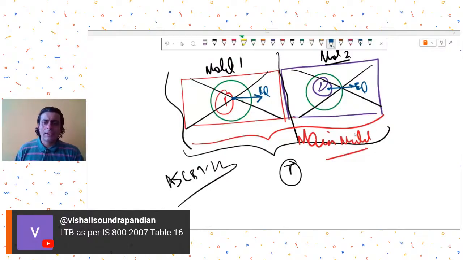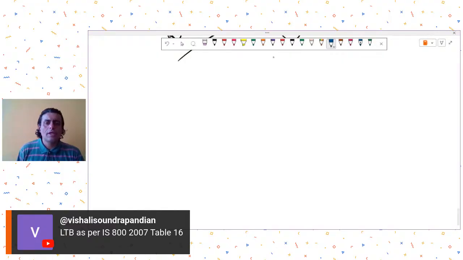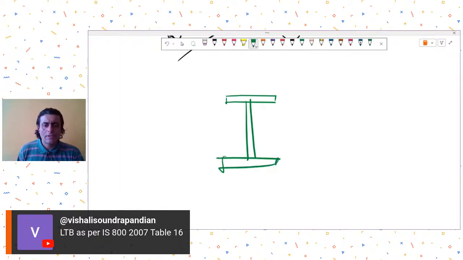So lateral torsional buckling is basically the effect of when the compression flange of a cross section, which is subjected to flexure, let's say moment is sagging in nature. So this is my compression flange. This compression flange along its length will try to buckle.